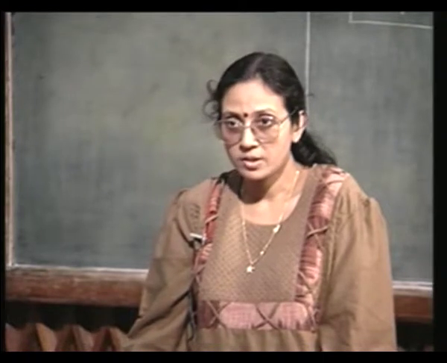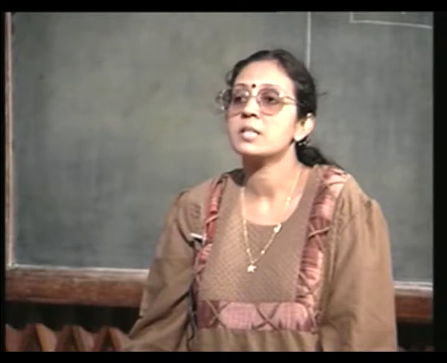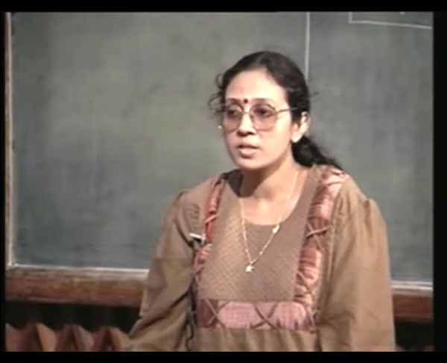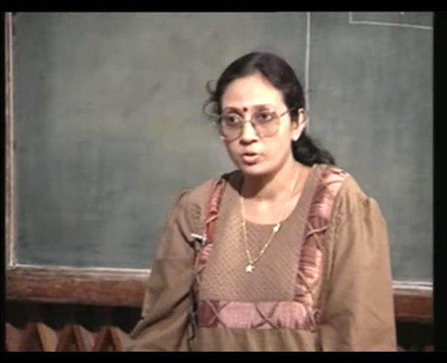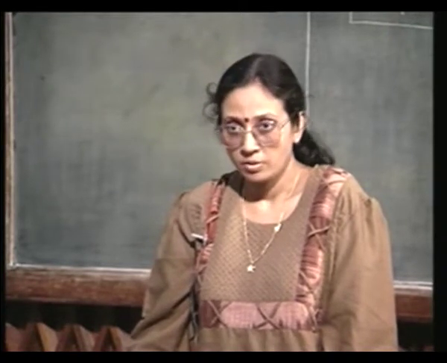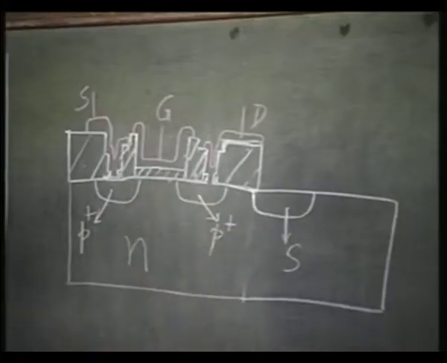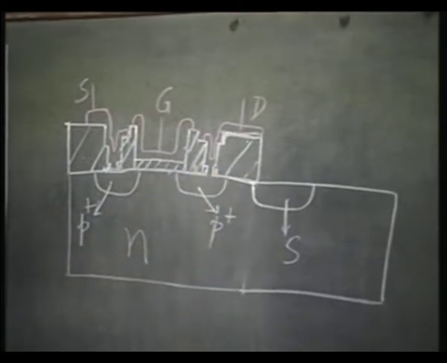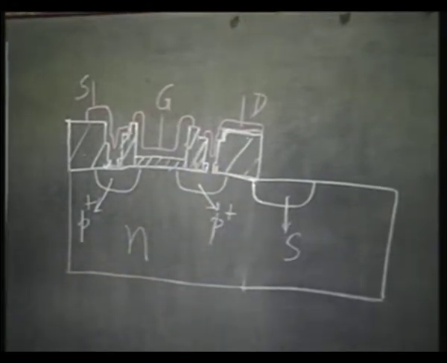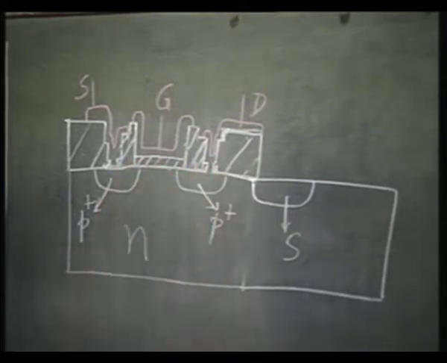Thicker the oxide, smaller is the capacitance, and since threshold voltage is inversely proportional to Cox, thicker the oxide, larger is the threshold voltage. So, you see between the active transistor and the parasitic transistor, the threshold voltage of the parasitic transistor will be much larger, almost by the ratio of the two thicknesses.